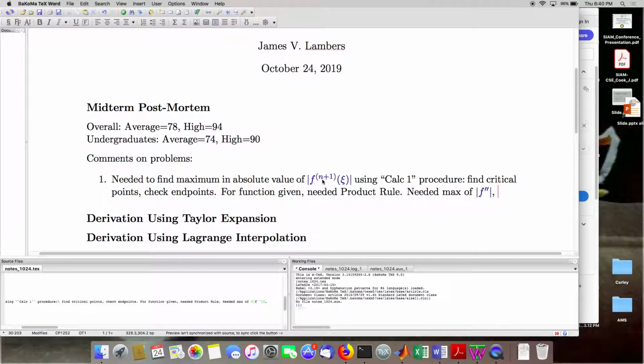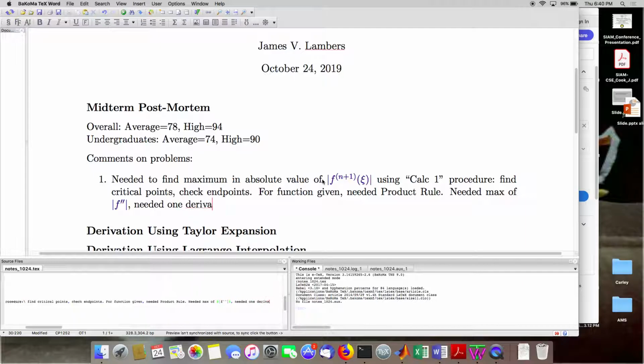That means whatever you have there, you need to take one derivative more to see if there were any critical points. And in that case, you also check the endpoints, which would be the extremal interpolation points. I see how some had the right idea, but messed up somewhere along the way.